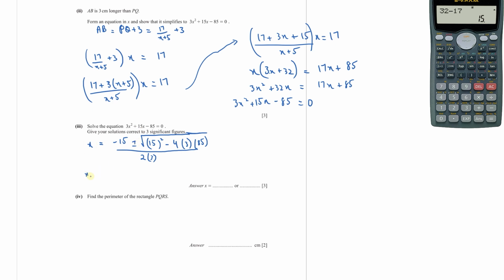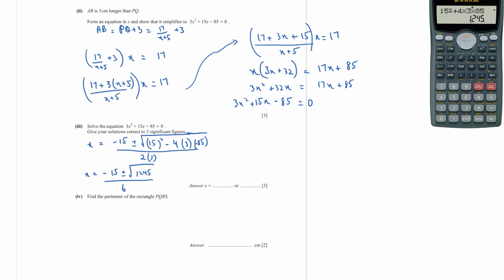So this will give me x equals minus 15 plus or minus the square root of 15 squared, and this will become positive, so plus 4 times 3 times 85.